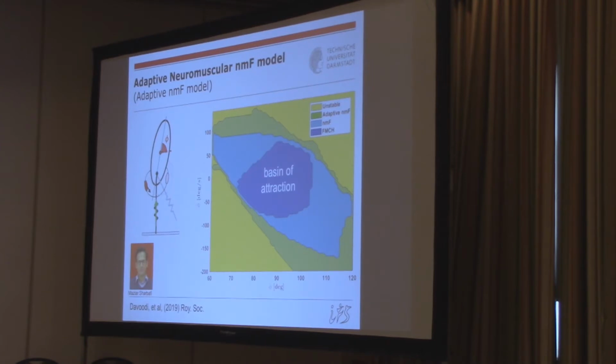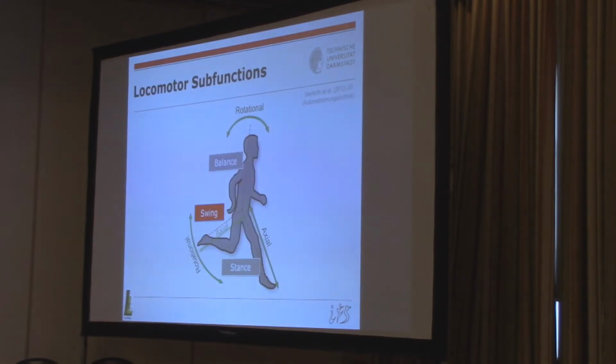With NMF, just by considering the intrinsic behavior of the muscles, you can somehow double the basin of attraction, and definitely with the adaptive version, you can increase it more. If you want to know more about that, we can discuss it later. This is the paper which is published this year.